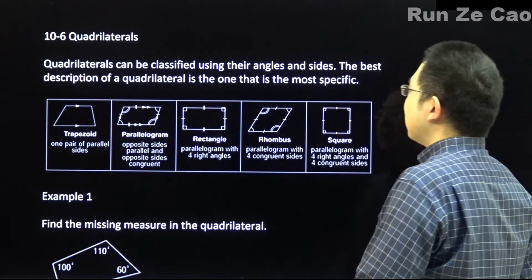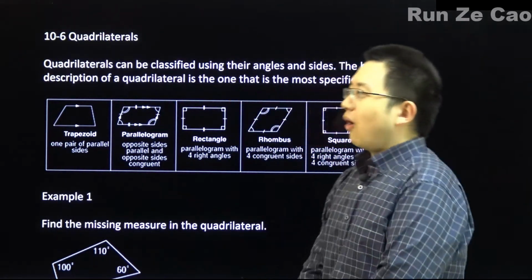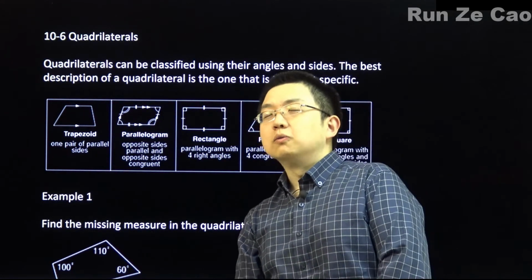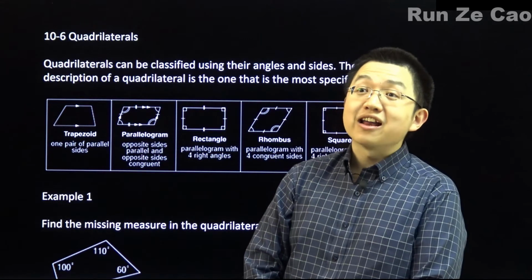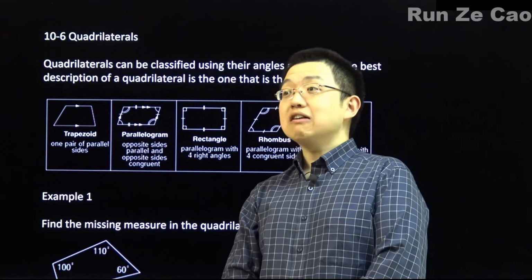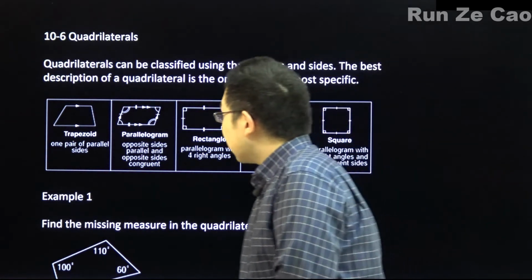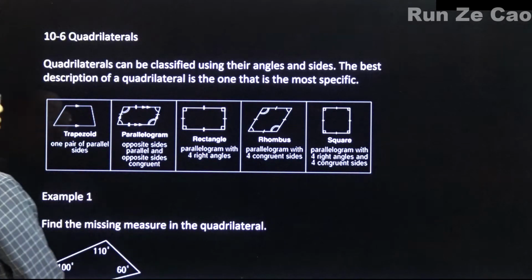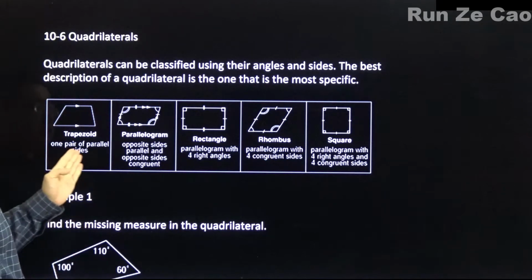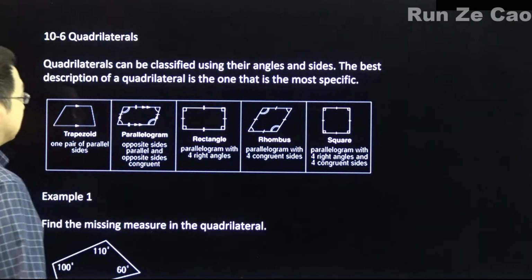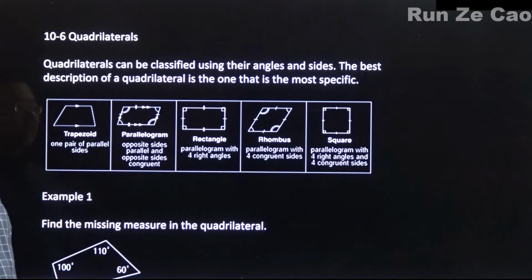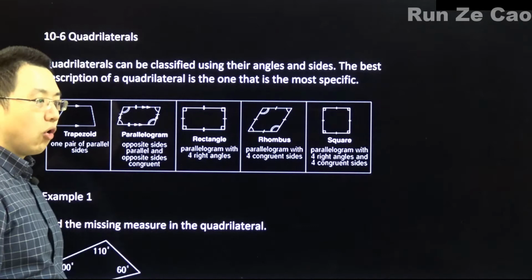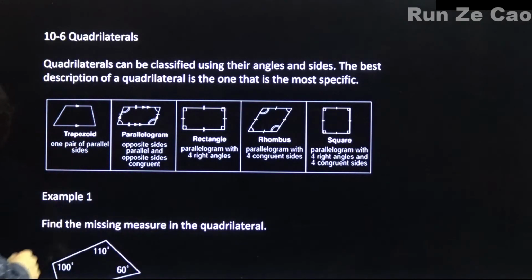legalistic stuff. So, quadrilaterals. Quad means four. Lateral means side. Quadrilaterals have four sides. Now, they can be classified using their angles and their sides. The best description of any particular quadrilateral is the most specific one you can think of. If you have one pair of parallel sides or more, it is a trapezoid.